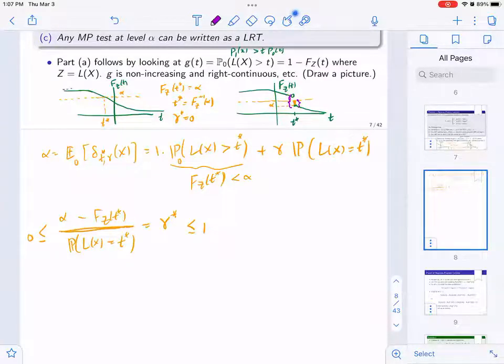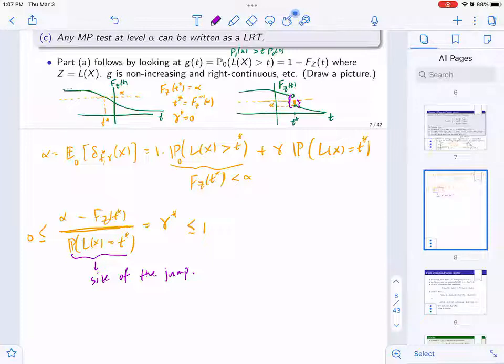So this is basically the size of the jump. It's not obvious that it's between 0 and 1, but looking at the picture, it should be. The size of the jump is the probability that you're exactly equal to that, and alpha minus that is just that fraction, the distance between the value at t star and alpha. So it's a valid probability, and we're done, sort of.